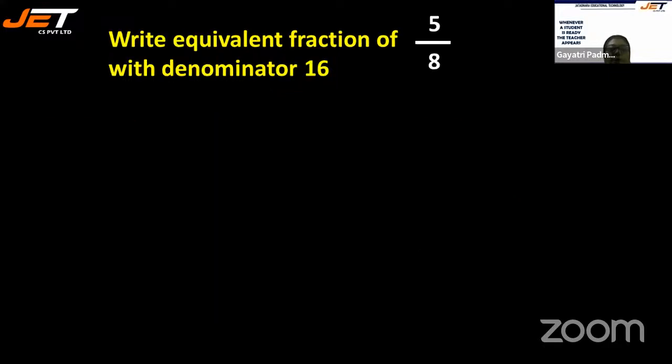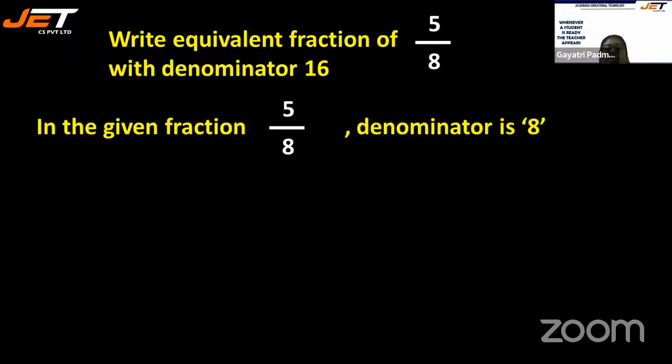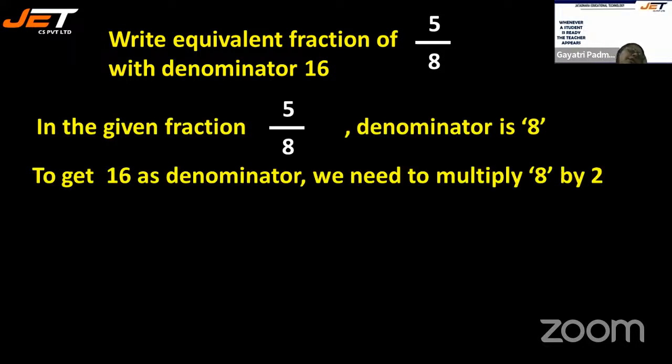All right, now try the equivalent fraction with the denominator of 16. See here in the given fraction 5 by 8, the numerator is 5, the denominator is 8. To get 16 as your denominator, we need to multiply 8 by 2, isn't it?